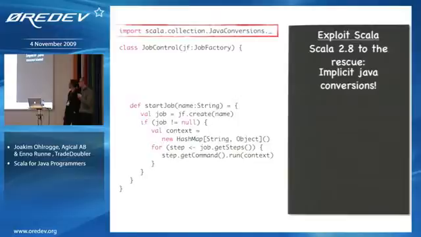We can import Java conversions, which will help us to automatically convert this Java type to an appropriate Scala type if we need it. We can think about it as auto-boxing, as we have it in Java between basic types and object types.